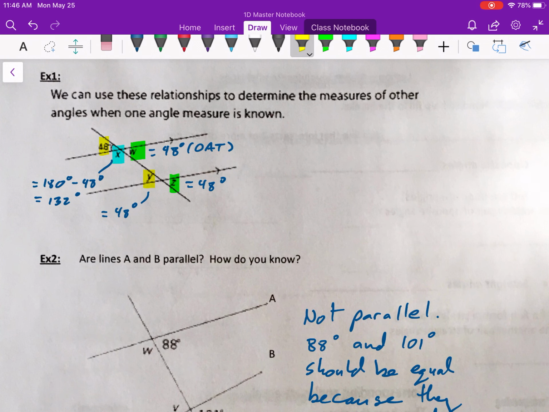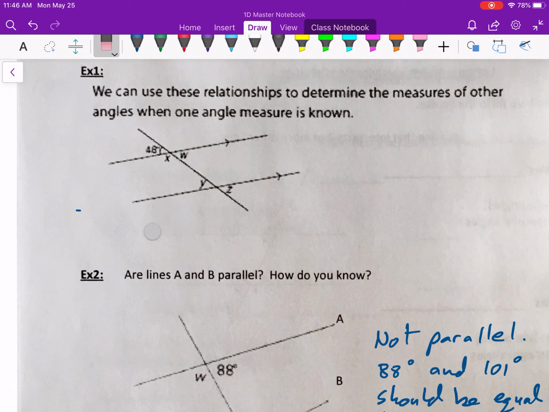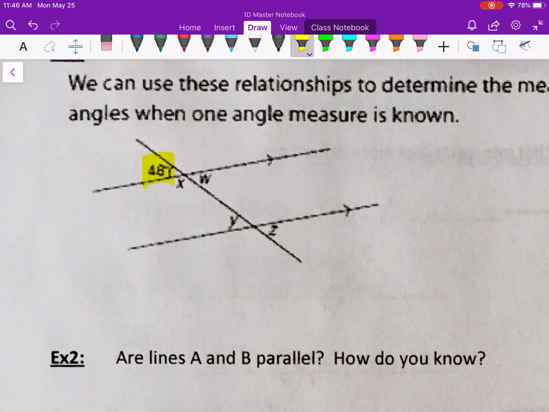We can use these relationships to determine the measures of other angles when one angle is known. So, this one's already filled in for us, although maybe I'll get rid of it. We don't have to have it filled in, do we? Doesn't take that long to fill it in. All right, so what do we have? Well, we know that 48 is up here, okay? Well, good.